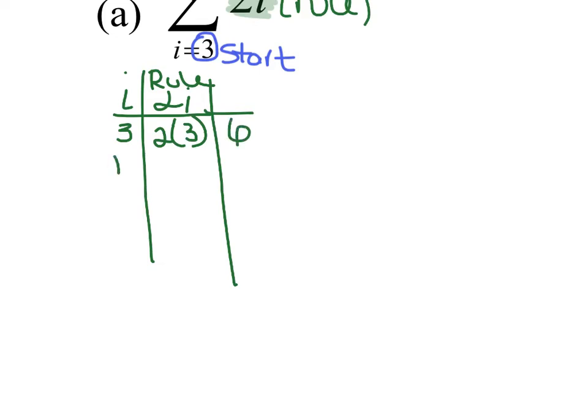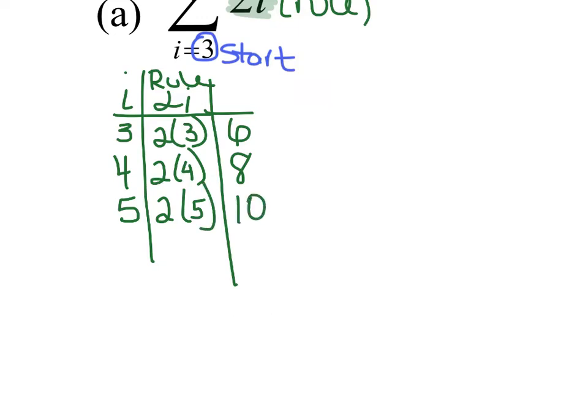Then I'm going to go ahead and do 4. So 2 times i, well, my i is now a 4. I'm going to plug that in, and I get an 8. Then I'm going to do a 5, do the same thing again, but my i is now a 5, and that's not i for imaginary, it's just an i. And that's going to give me a 10. So I stop at 5 because 5 is my last number that it told me on top of the sigma to stop there.